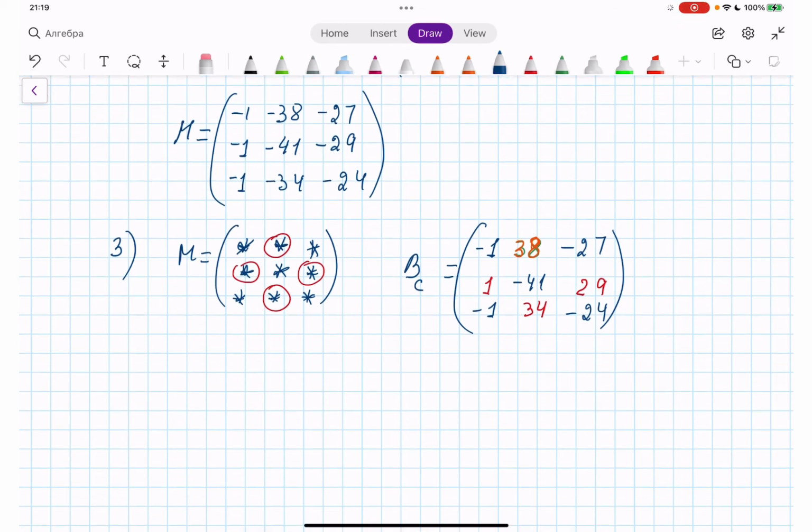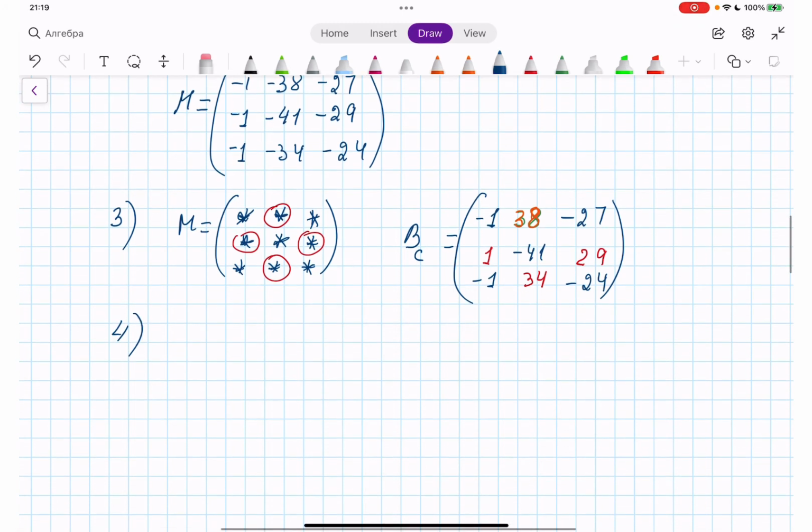Number 4, finding the transposed matrix of the complement. So B transposed is going to be negative 1, 1, negative 1, 38, negative 41, 34, and negative 27, 29, and negative 24.